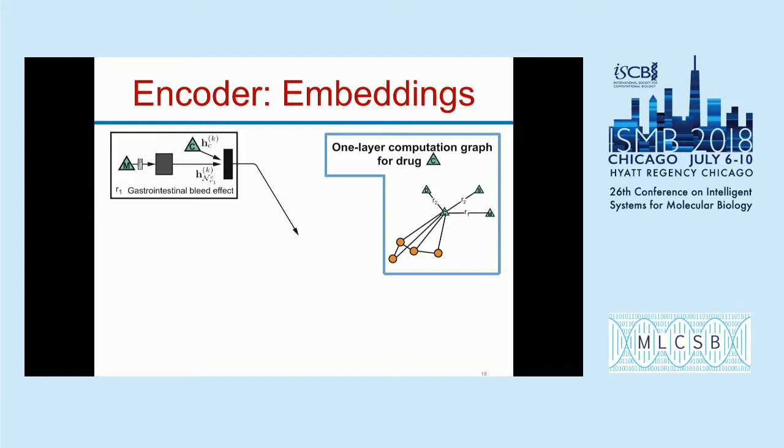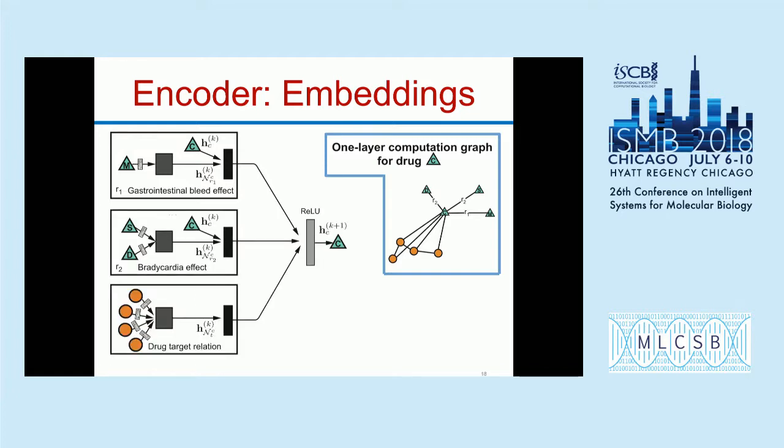Because we have 3 edge types, we will have 3 different channels in our computation graph for that drug node. In each channel, we will learn how to get information from neighbors according to this channel, and then the information from the 3 channels will be aggregated and non-linearly transformed using an activation function such as ReLU, and that will be used as output of the current neural network layer.